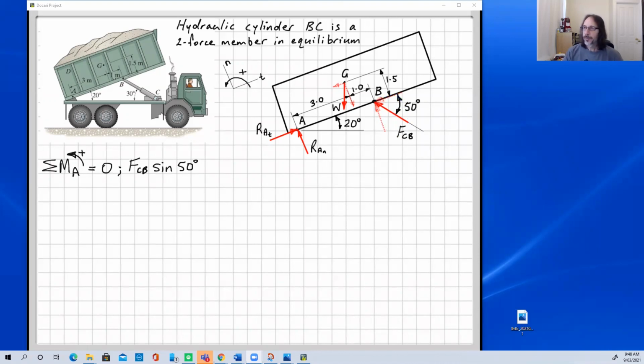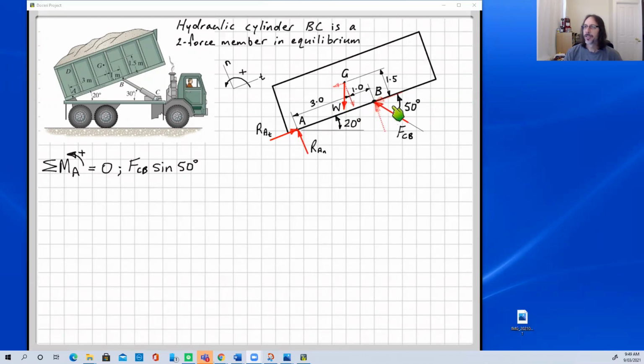So it's going to be this component here, because this one is the adjacent component, FCB cos 50, and that is in the tangential direction, located at B, so it passes through point A. So it's going to have zero moment effect.